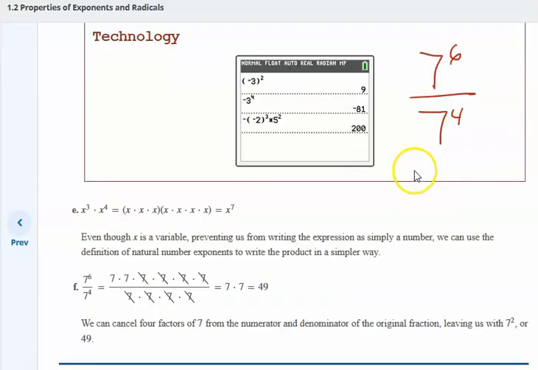In our last example here, example F, we see a fraction. And if we were to write it out, it looks like this, and we could cancel out the 7 divided by 7, and we get 7 to the second, in a sense, left, which is 49.